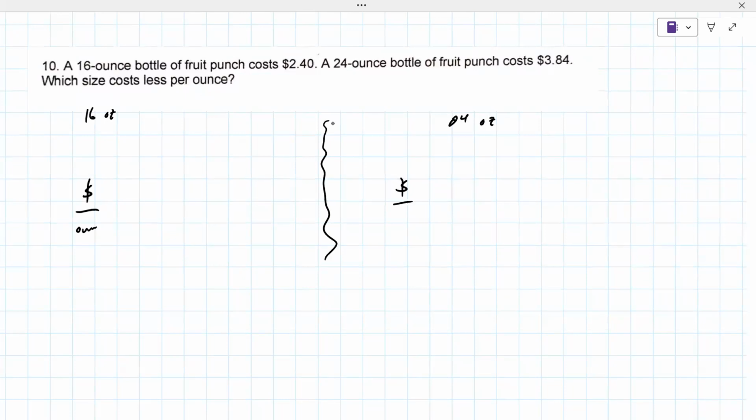In this case, it's dollars per ounce. So it's 2.40 for 16, 3.84 for 24. In stores, the unit price actually goes out a bunch of decimal places, but usually 2 decimal places is reasonable.